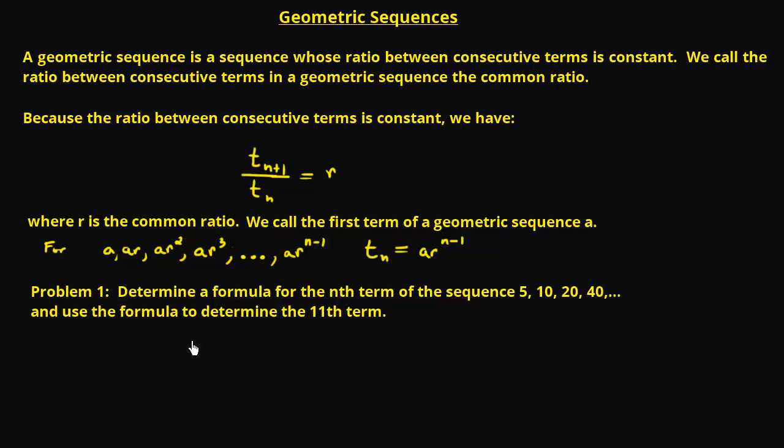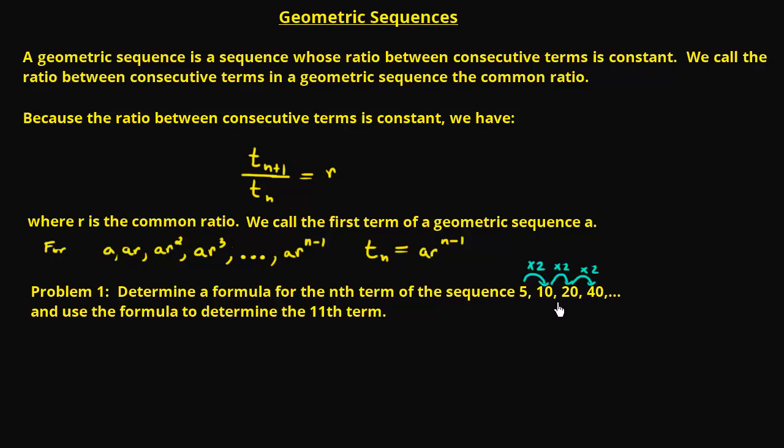So first thing that I need to do is I have to identify this as a geometric sequence. I know that it's a geometric sequence because there's a common ratio. Notice that to get the next consecutive term, I'm multiplying the previous term by 2. So there's a common ratio between consecutive terms of 2.